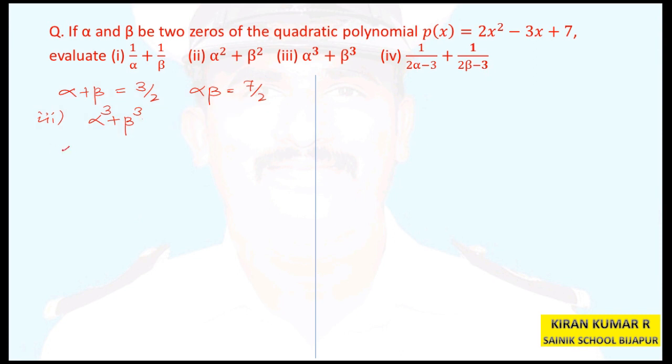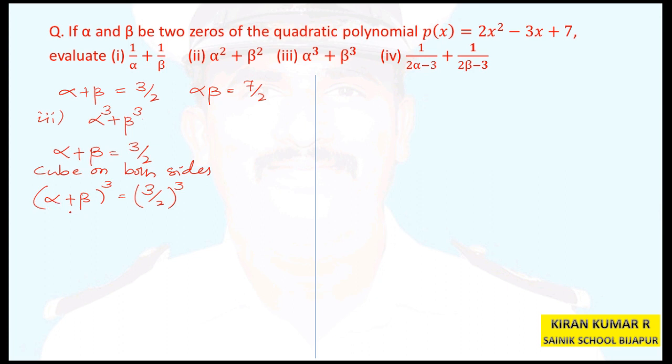Once again, let me take the sum alpha plus beta as 3 by 2. Now we need to cube both the sides. So we get alpha plus beta whole cube equal to 3 upon 2 whole cube.